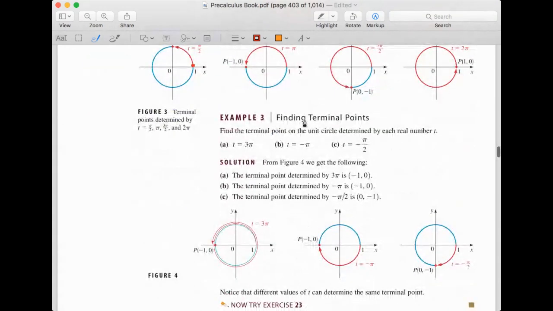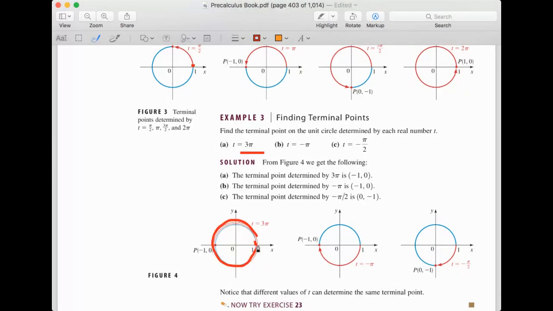All right, let's find these terminal points. So t equals 3 pi, right? Positive angle. For a positive angle, we go counterclockwise. We start from this point, right? We run a circle.